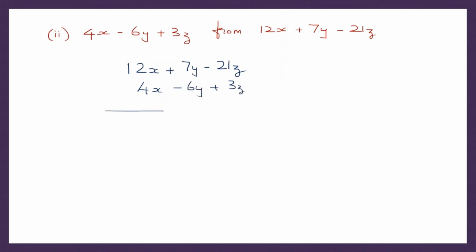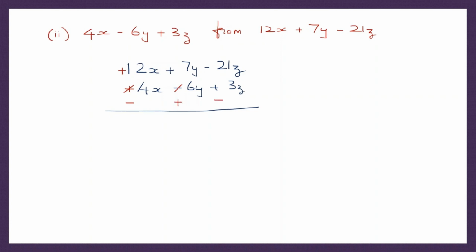And let's remember to change the signs of all the terms here. So first let's put the terms. The terms of the second row will all change. So plus 4x becomes minus 4x, minus 6y becomes plus 6y, plus 3z becomes minus 3z.